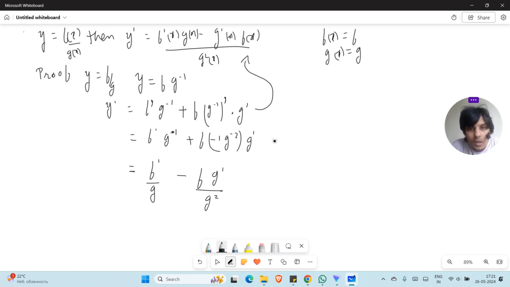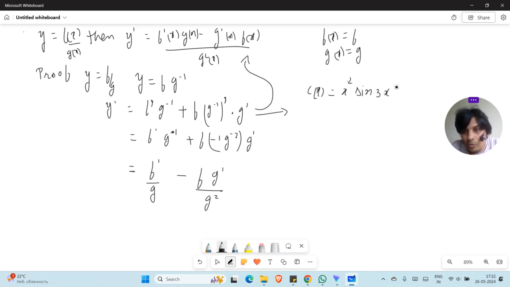If you are getting a bit confused over here, I'm giving a small example. Let's take another function, say c(x) is equal to x square sine 3x square.